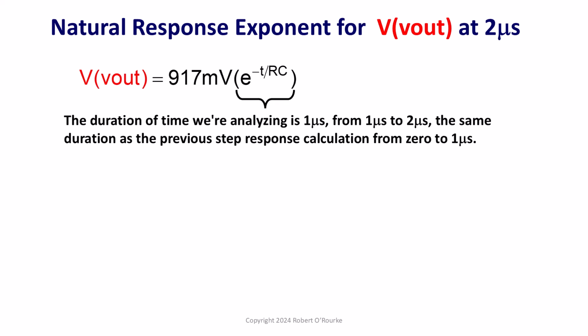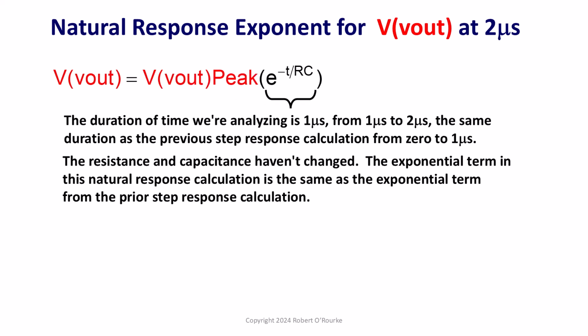The exponential term of the natural response equation is the same as it was previously in the step response equation. The time duration is 1 microsecond. The resistance and capacitance are both the same here as they were before.